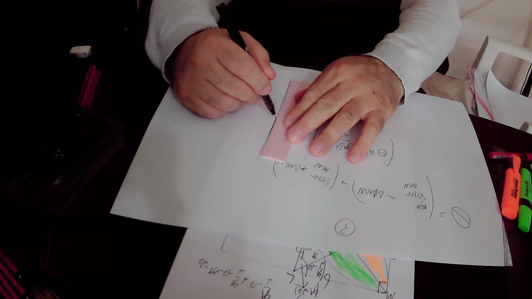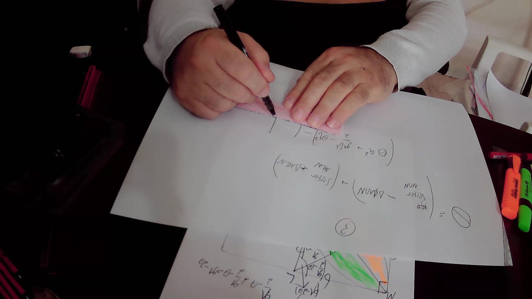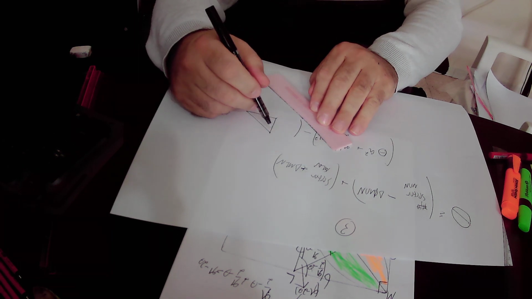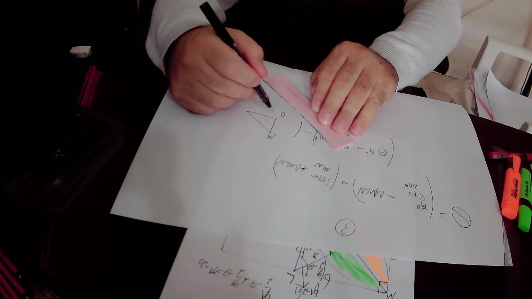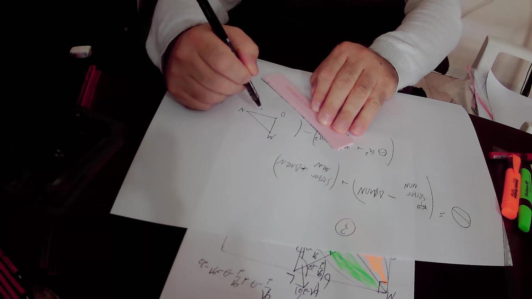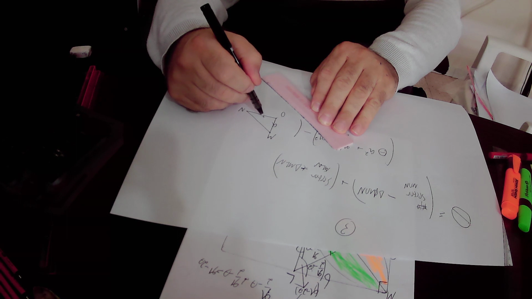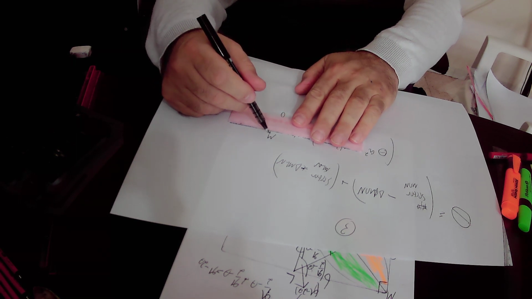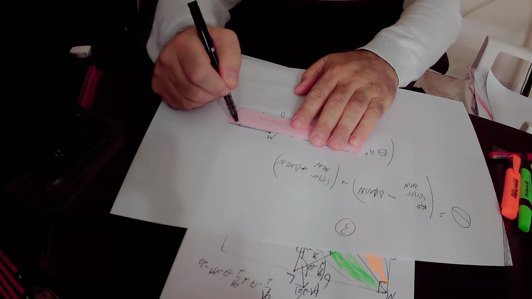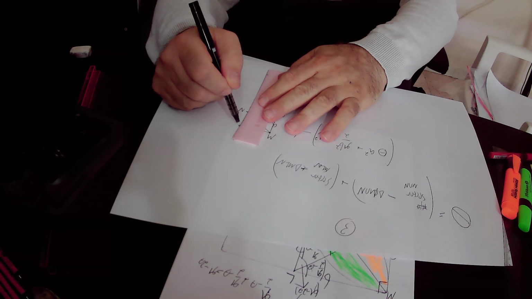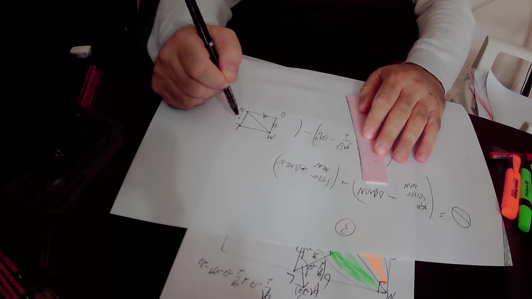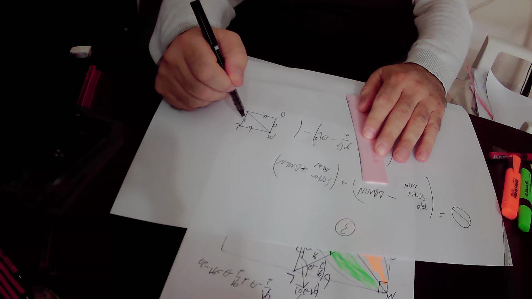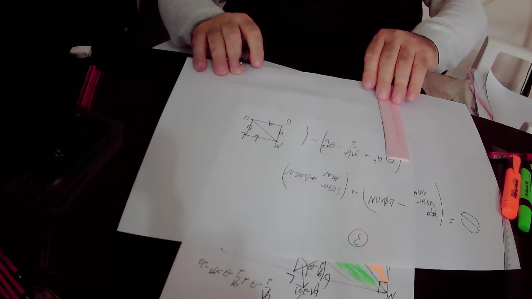The first triangle is triangle MON, and the second triangle is triangle MLN. We join the two triangles together.